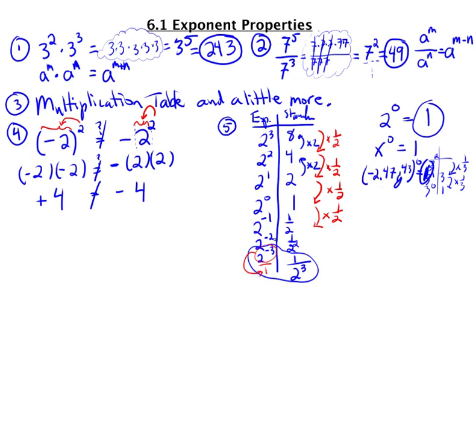So if we take a look at 2 to the negative 1 power, it's a negative exponent, so I want to make it a positive exponent to really understand it. I'll put it in the denominator. So that means it's 1 over 2 to the first power, a positive exponent. So let's take a look at an example of that with a base number of 4.